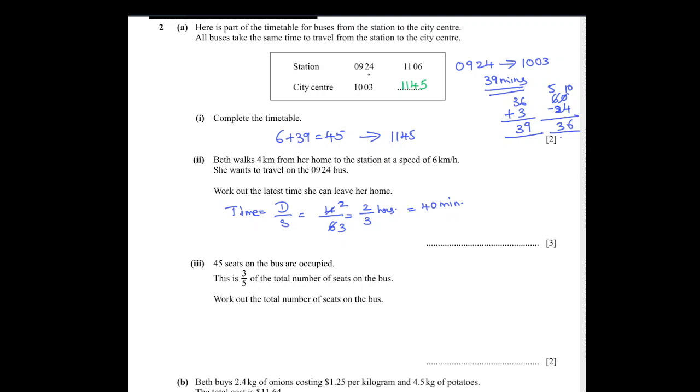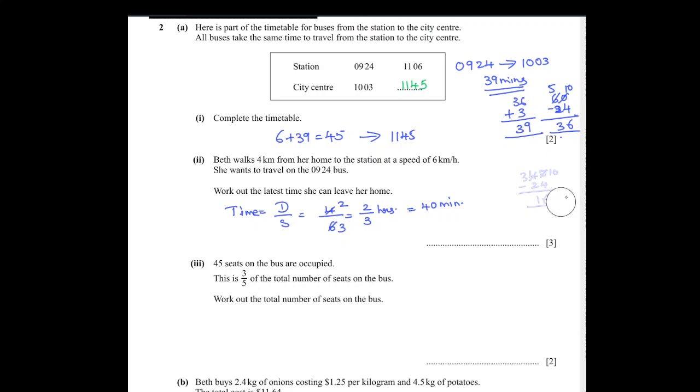And how soon does she have to leave? From 9:24 we have to subtract 40 minutes. Now 24 minutes subtracted from 9:24 gives 9 o'clock. From 40, if I remove 24 minutes, 40 minus 24: 10 minus 4 is 6, 3 minus 2 is 1, so 16 minutes are left.